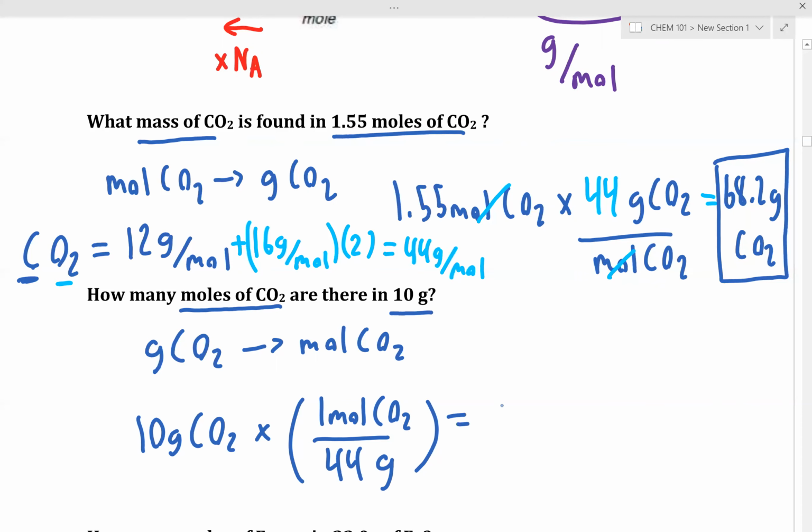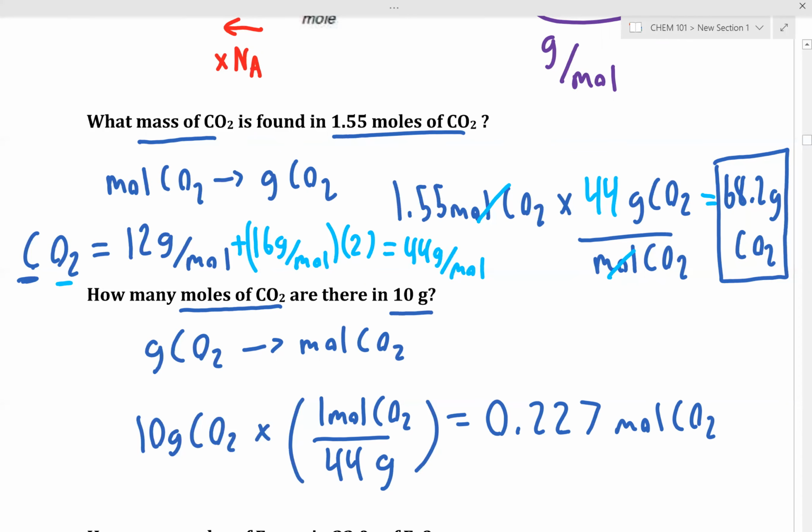So all we have to do now is punch this into our calculator. So we have 10 divided by 44, and that in turn gives us 0.227. Now, we need to be really careful here. So this is moles of CO2.